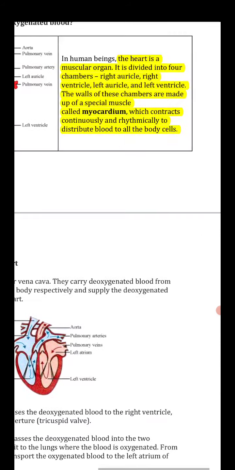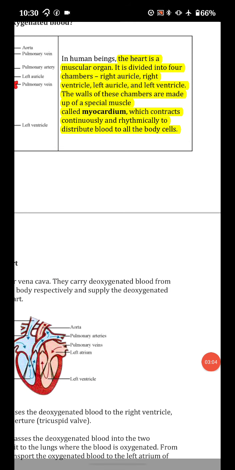Apart from this, the walls of these chambers, the wall of the heart, are made up of some special muscles. These kinds of muscles are called the myocardium. Please note this term because this is important for your exam. The outer covering of the chambers is made up of special muscles called the myocardium.